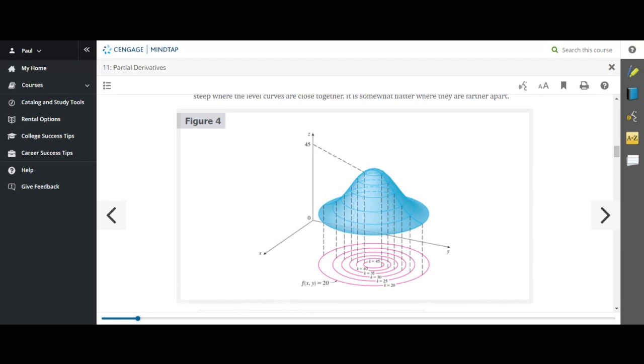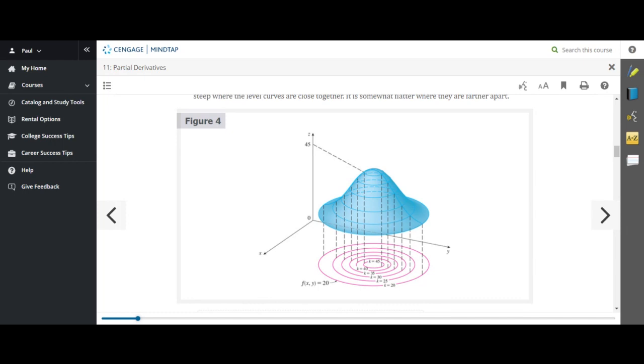Good. And then the next cut is when z equals 30, z equals 35, z equals 40, and finally z equals 45. Then what they do is when they cut that surface, they take the cuts and project them down into the XY plane, and that produces what are called level curves.